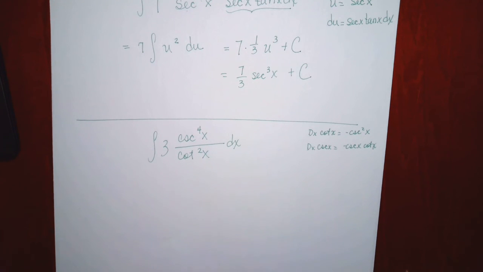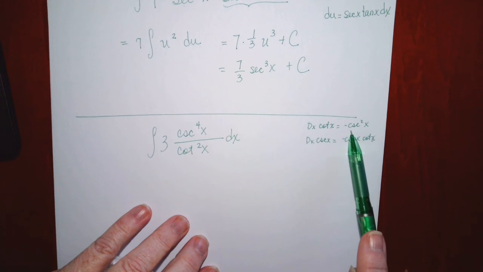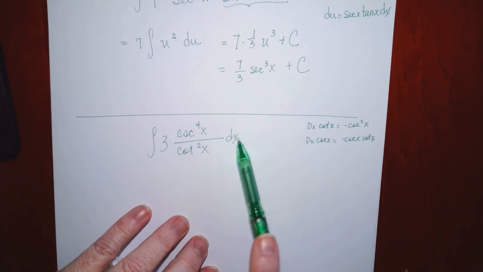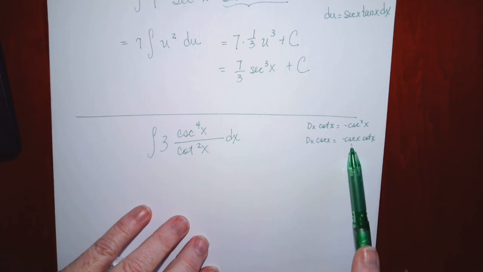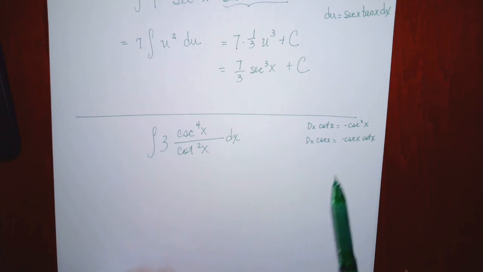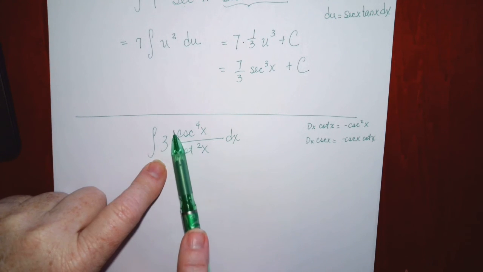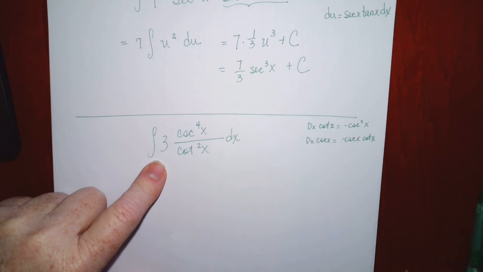What we typically do when we have products of secants or cosecants and cotangents is we either try to pull off a cosecant squared to be du, or we try to pull off a cosecant cotangent to be du. Here we would pull off a cosecant squared, because the cotangent is in the bottom. I don't have a cotangent up here in the top to pull off.